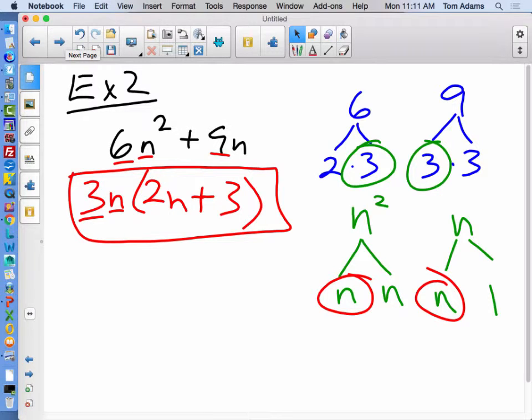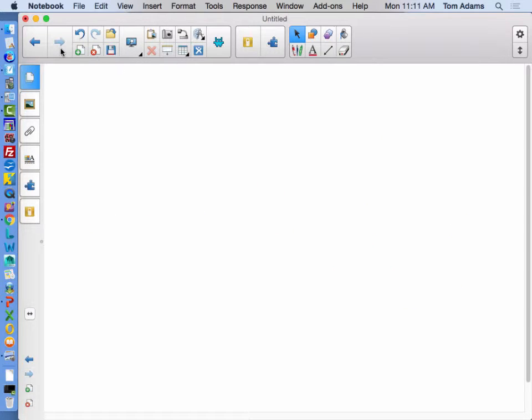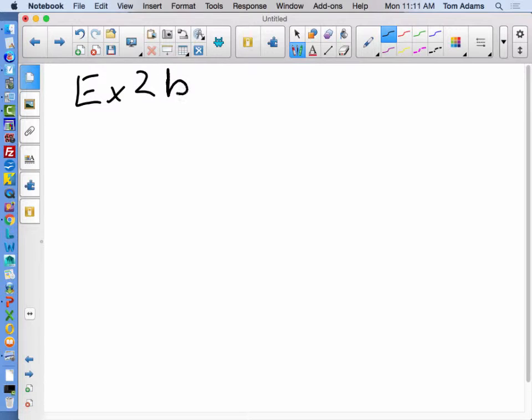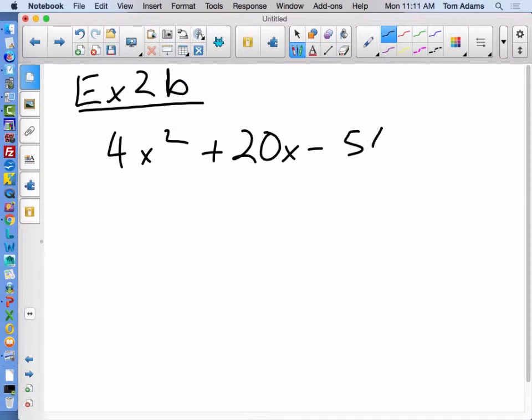All right, so now let's do one more example for example number 2. So example 2b, we're given the expression 4x squared plus 20x minus 56. Now this one we're going to do a bunch of stuff.